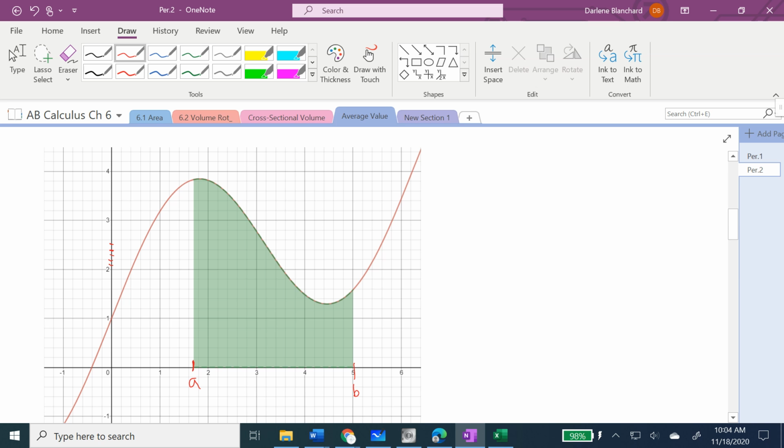Now, here's what I want to share with you. Whatever the average value is, and I'm not going to draw a line that is exactly the right number, but whatever it happens to be, if I draw a horizontal line between a and b, and then vertical lines at a and at b and the x-axis, you get a rectangle.